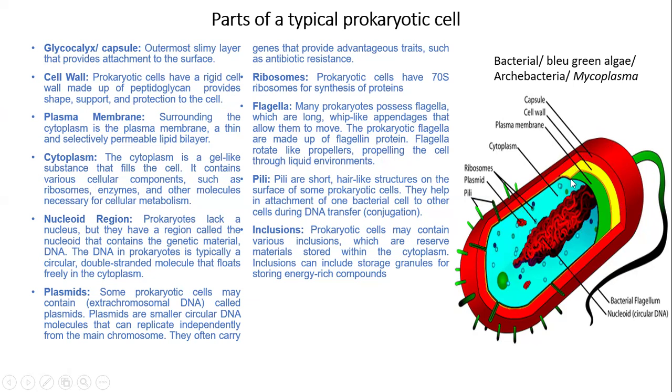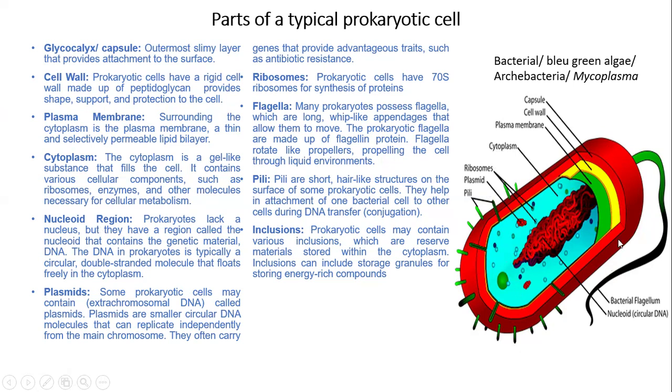And inner to the cell wall is the cell membrane. The function of the cell membrane is to regulate the movement of molecules from inside to outside and the entry of molecules from outside to inside the cell.